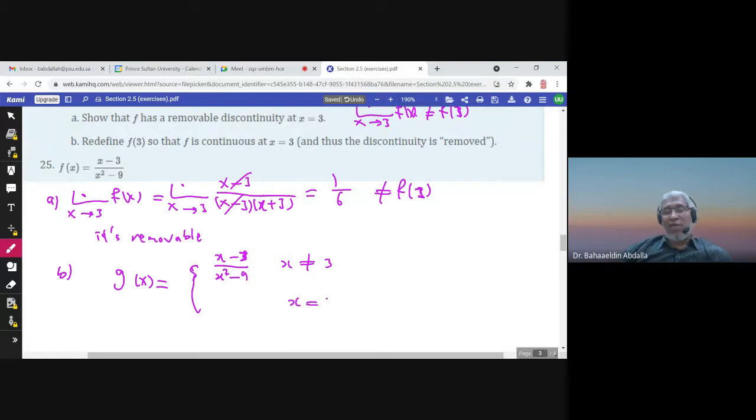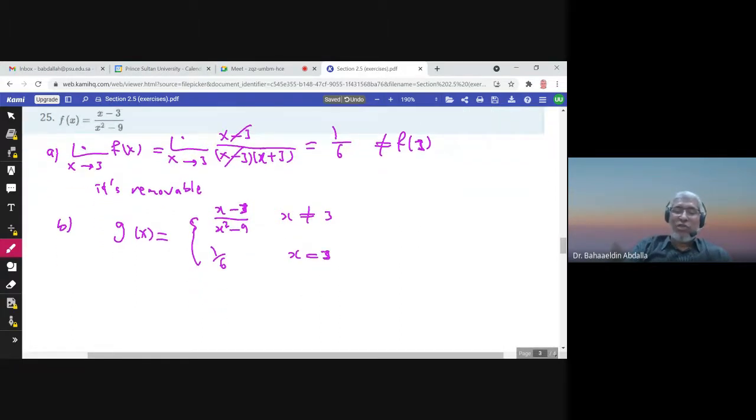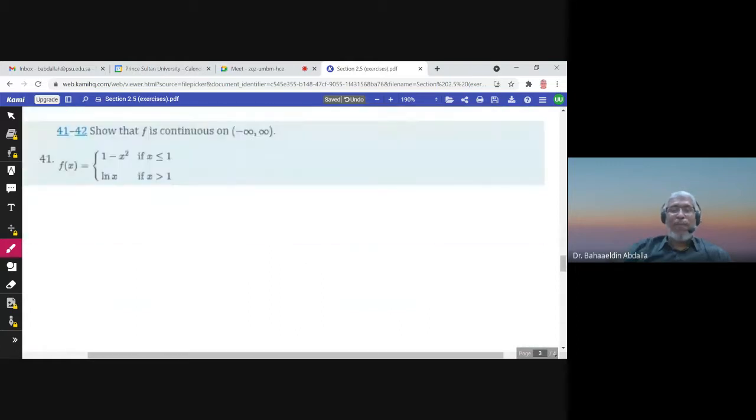But if x is 3, I will put it 1 over 6. So in this case, g of 3 would be 1 over 6. It will not be undefined. And the limit in this case, which is the same, would be equal to 1 over 6, would be equal to g of 3. So it would be continuous, and the discontinuity is removed.